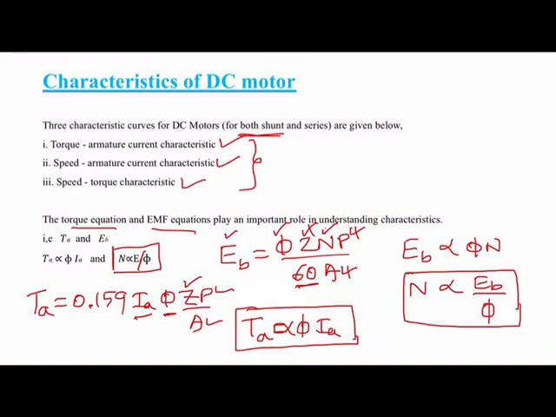Before that, we need to understand the nature of the flux in the series motor as well as the shunt motor. Let us understand it for the shunt motor. To understand this in a better way, let us draw the shunt motor diagram.